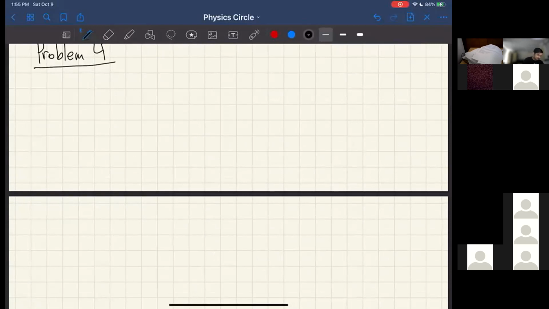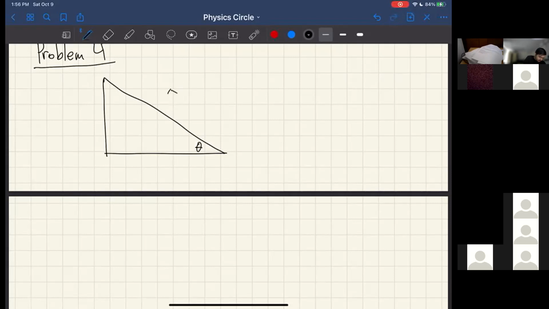All right, so problem 4. You have an incline of angle theta. You have this little block of mass M, which you drop.